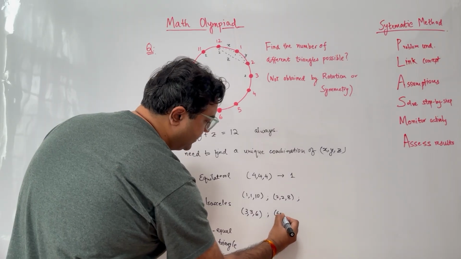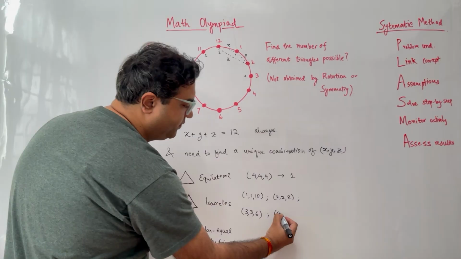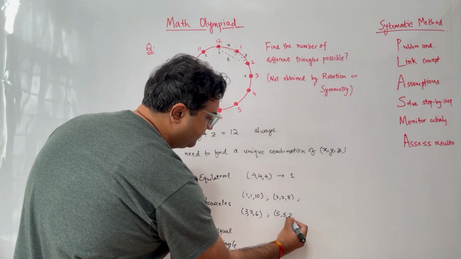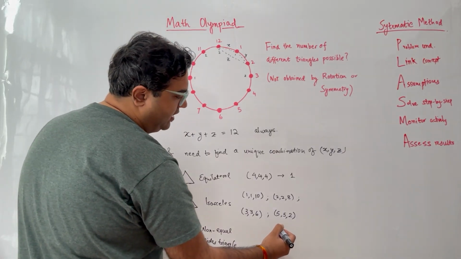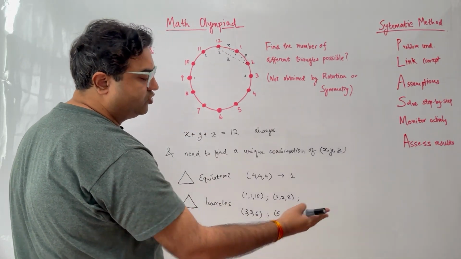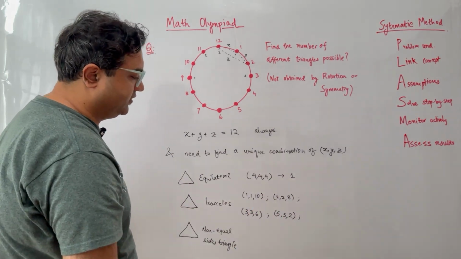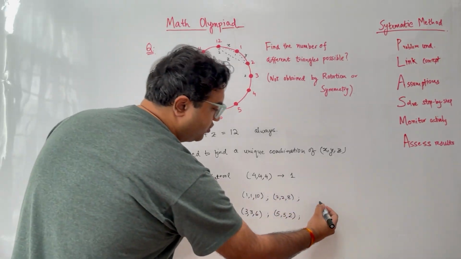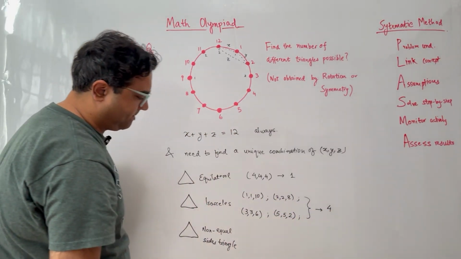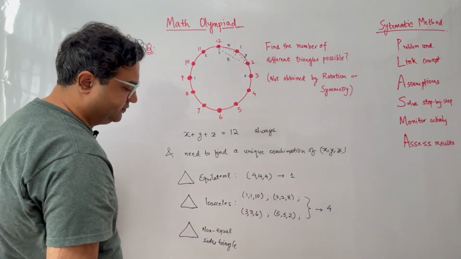And when x and y are 4, we already have 4 here, so we do not want to double count. When x and y are 5, then we have 2 here. And when x and y are 6, it will be 0. So there is no triangle possible with 6 arc length, right? So these are the 4 combinations for isosceles.